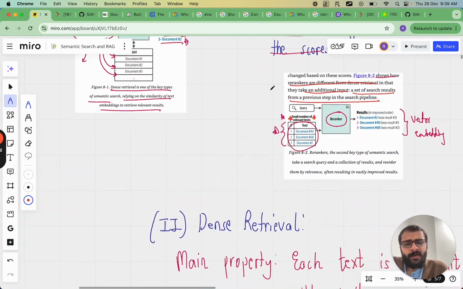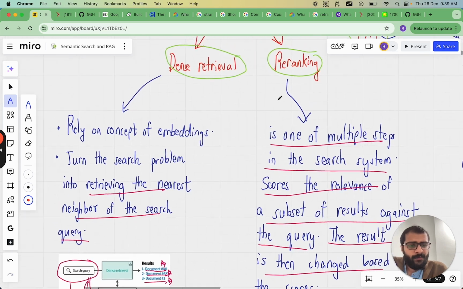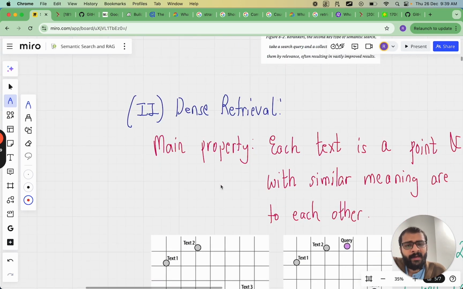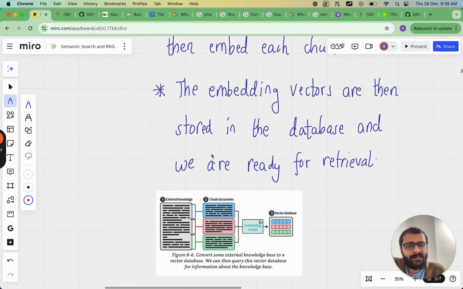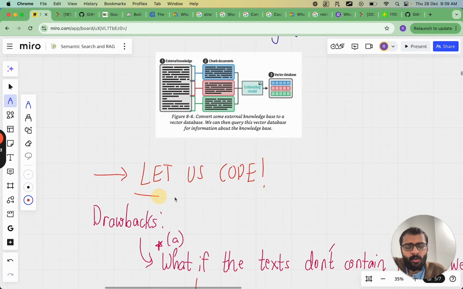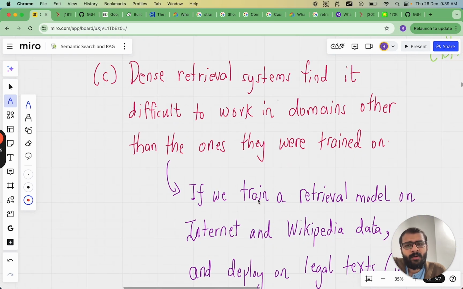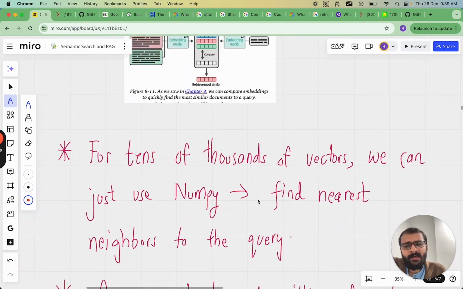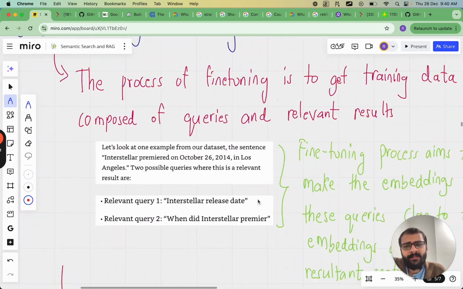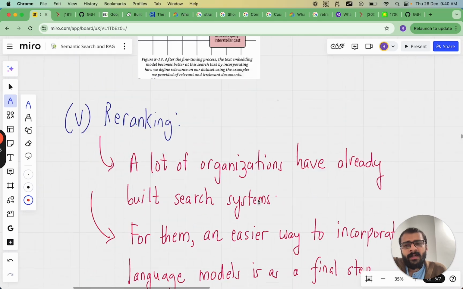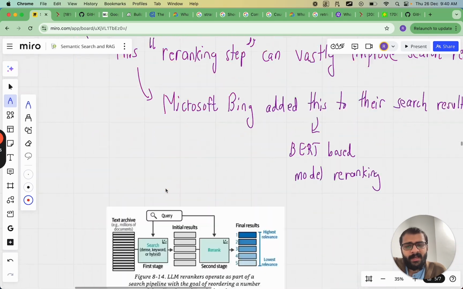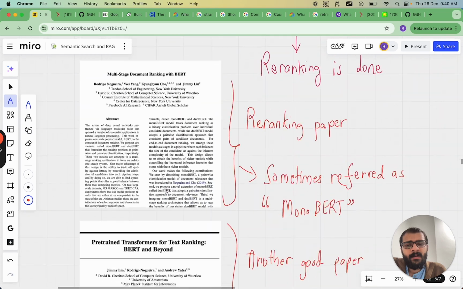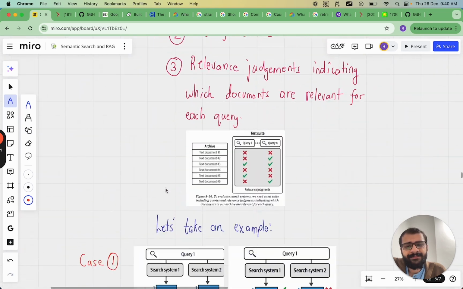In the next set of lectures, we are going to start looking at each of these three broad categories. First, we'll look at dense retrieval. We'll understand the basics. Then we will do the coding. Secondly, after dense retrieval is done, we'll look at re-ranking, and after re-ranking is done, we'll be looking at retrieval augmented generation.